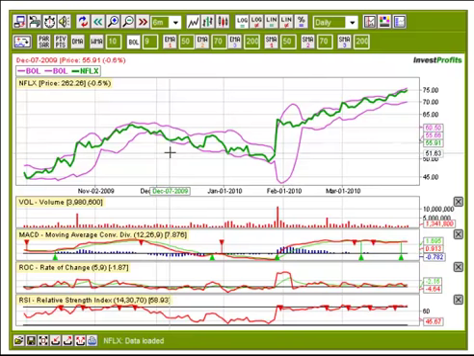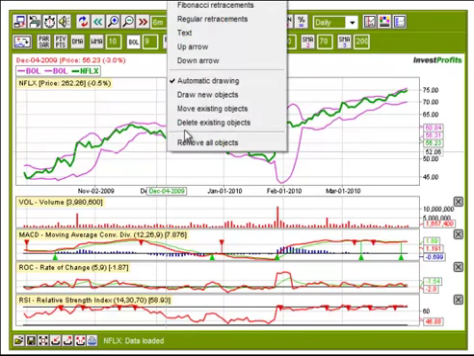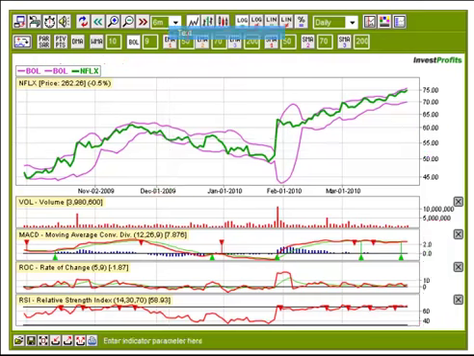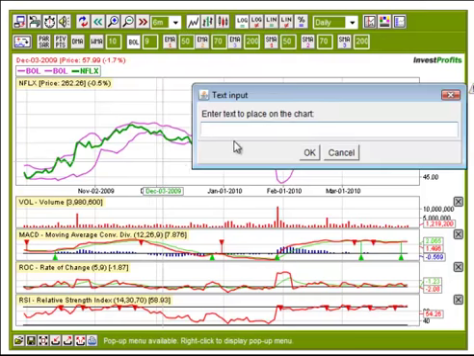I will add some text now, so that I can easily find the squeeze and breakout of the upper band after I increase the time period.